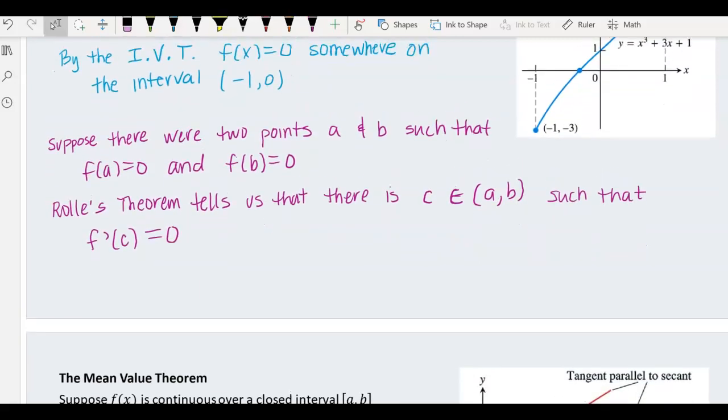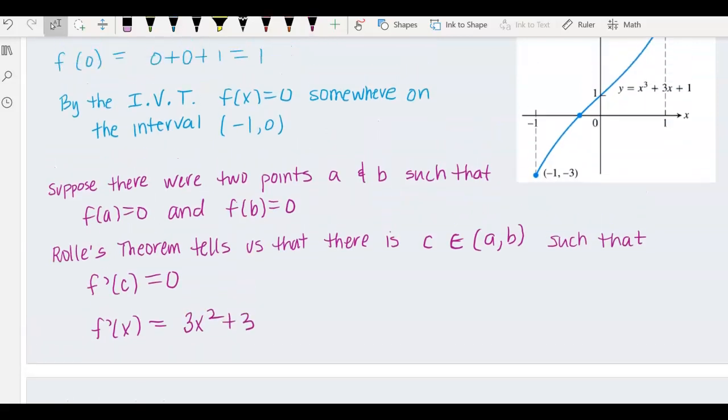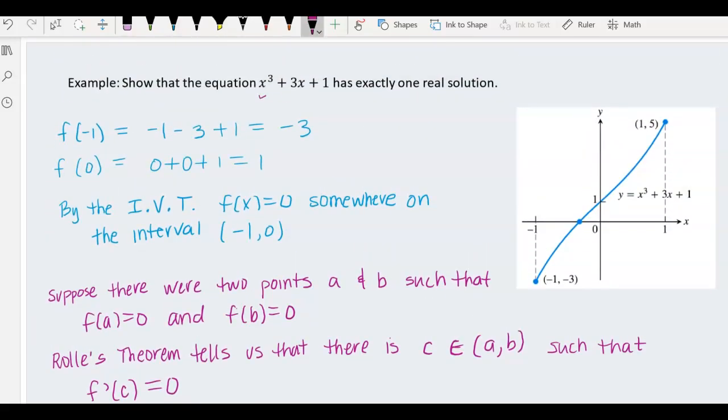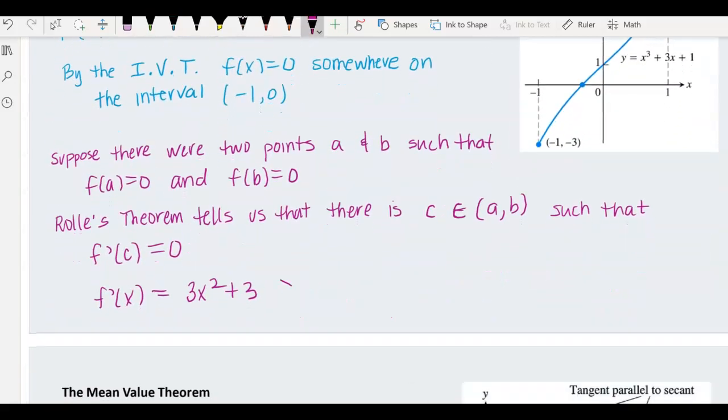Well, looking at our original function, the derivative is 3x squared plus 3. Just going back up here and taking the derivative, 3x squared plus 3. And this is always greater than 0. So we can't have this.